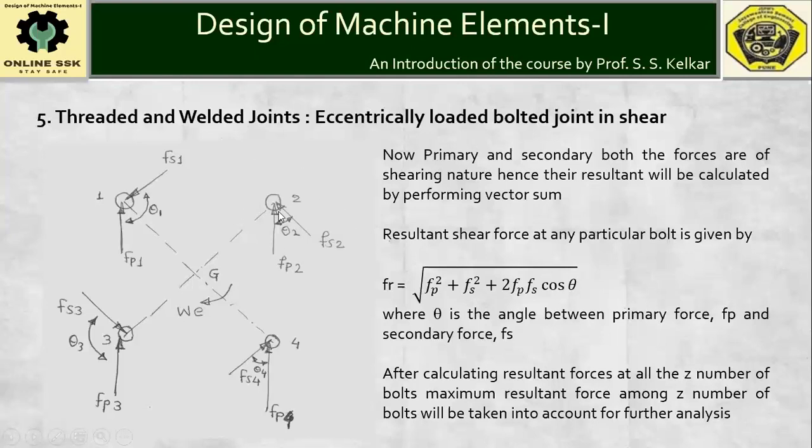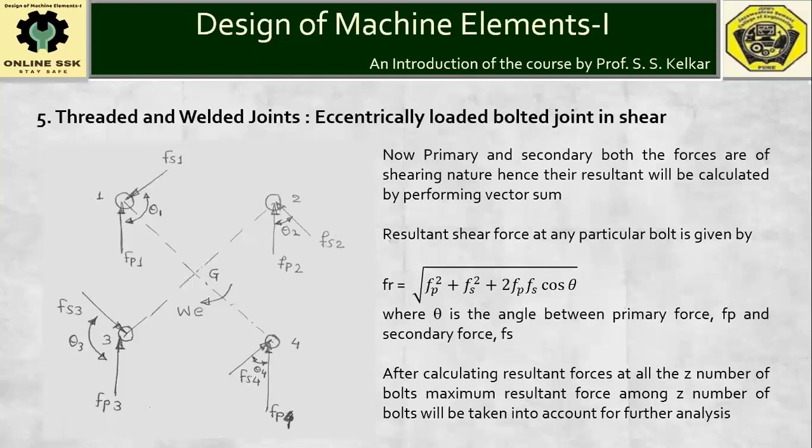So for deciding the bolt which will experience maximum resultant force, one has to consider which bolt is further away from the center of gravity and which bolt has lesser magnitude of theta, where theta is the angle between primary and the secondary force.